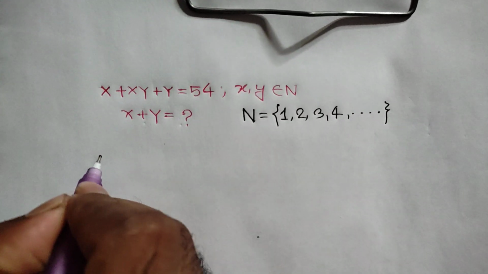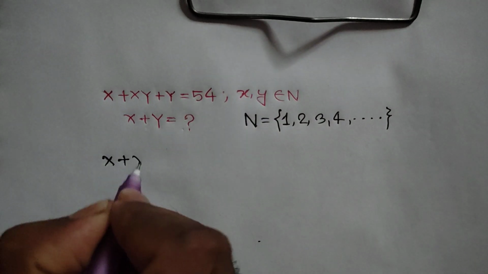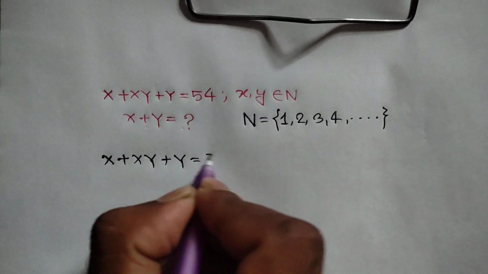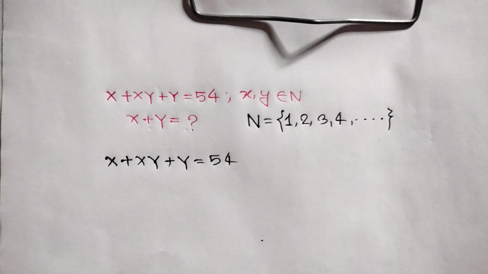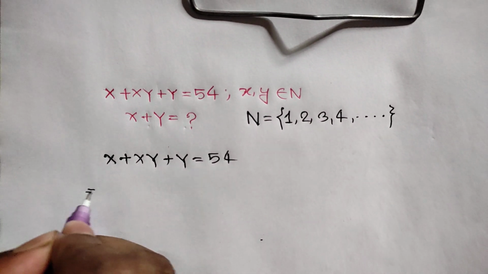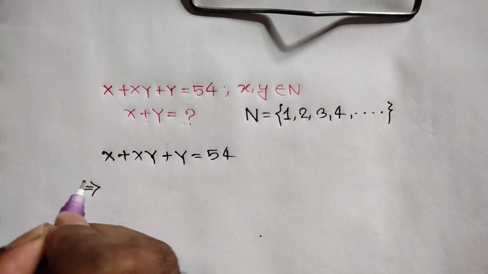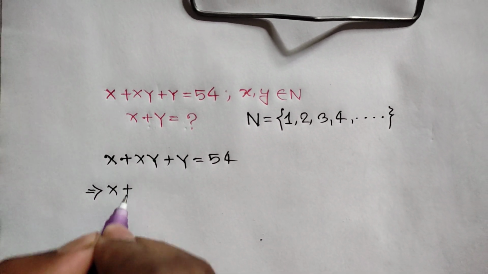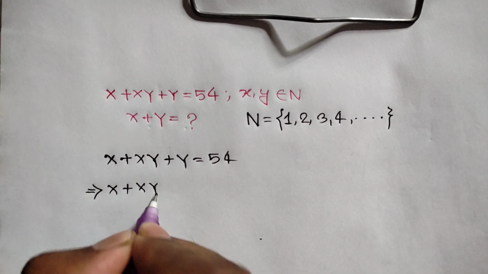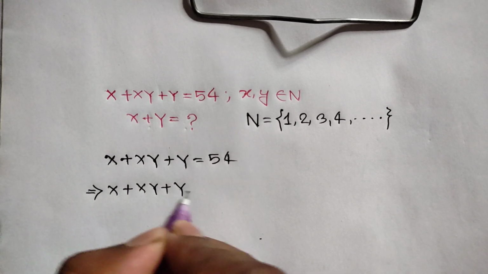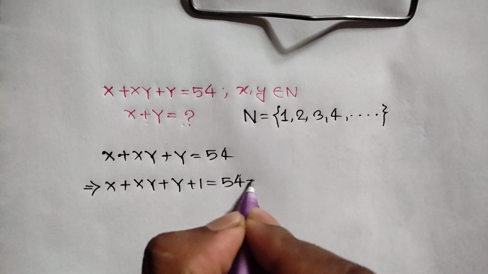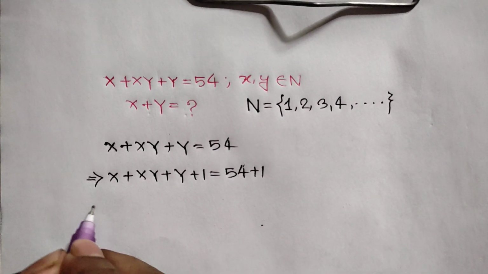We have given x plus xy plus y is equal to 54, or adding 1 to both sides we can write x plus xy plus y plus 1 is equal to 54 plus 1.